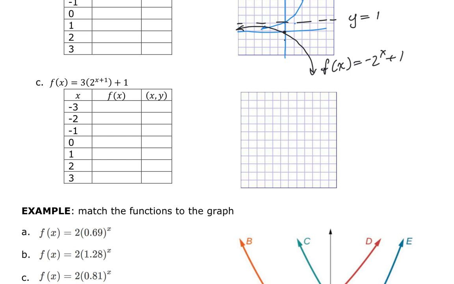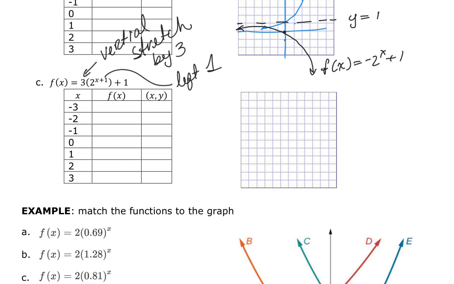Now, this graph, we have a lot of things going on. So 3 is a horizontal stretch. So this is not a horizontal stretch, excuse me. It is a vertical stretch by 3. This is left 1. And this is up 1.